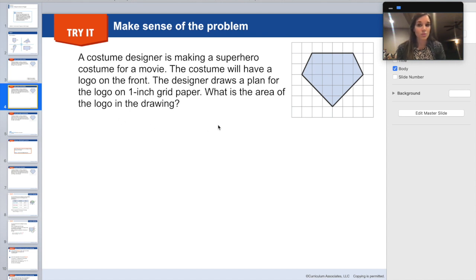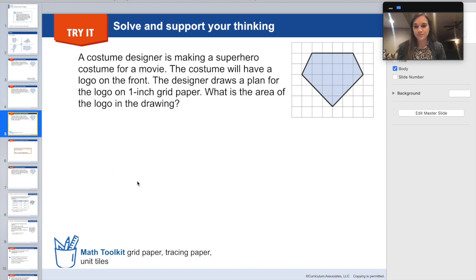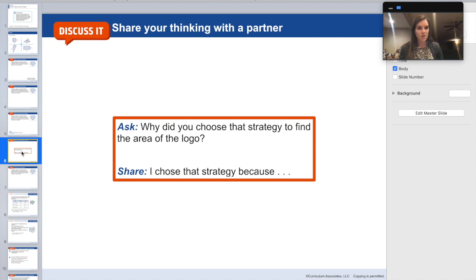Okay, so what is the area of this logo in the drawing? I want you guys to try and figure this out right now. Okay, so think about the strategy that you just chose. Why did you choose it? Why did you choose that specific strategy?